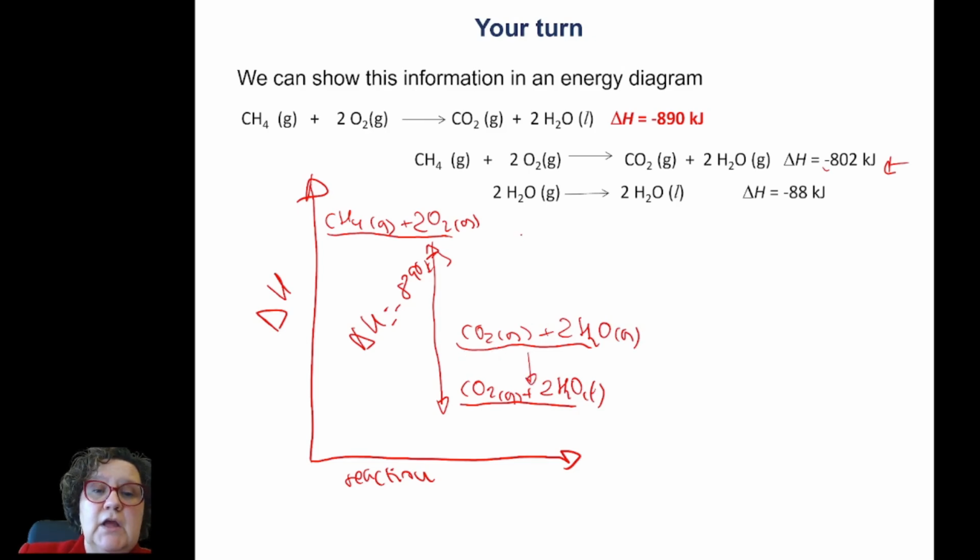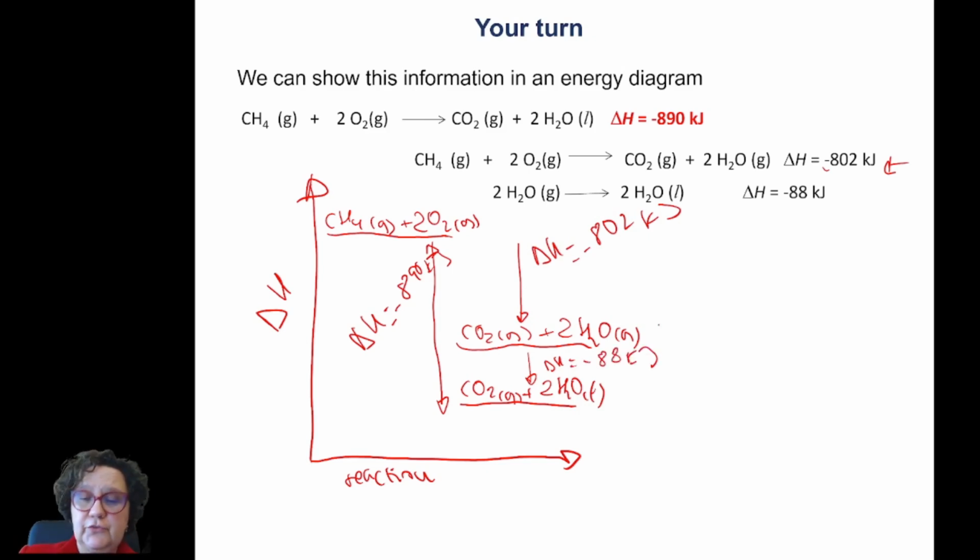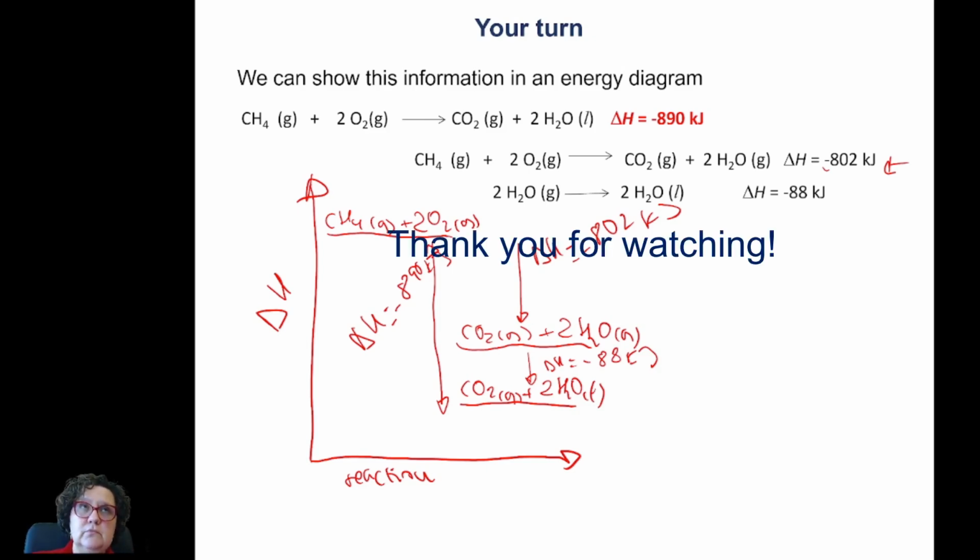So I would have the first enthalpy, which would be minus 802 kilojoules, and the second, intermediate enthalpy, would be minus 88 kilojoules. And here it gives me all the information. I've got the numbers of the enthalpy changes, I've got the state of reagents, etc., all in a graphical form that allows me to spot quickly which chemicals have higher energy than others.